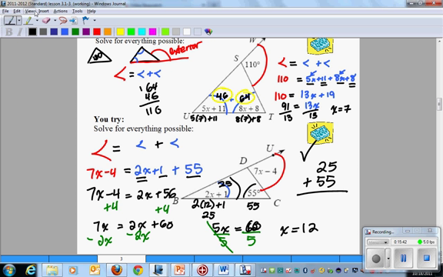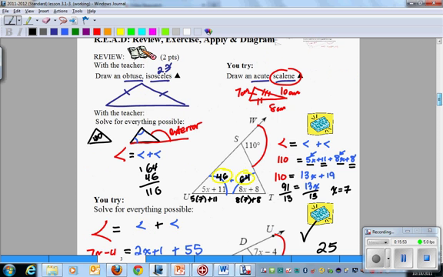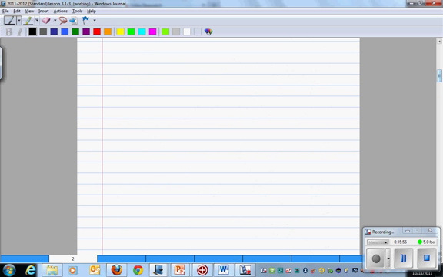When you're done with that, turn the page. Okay, this is your assignment, guys. Look at the clock, because I'm going to give you a timeline.